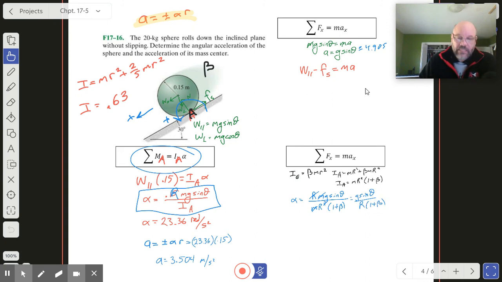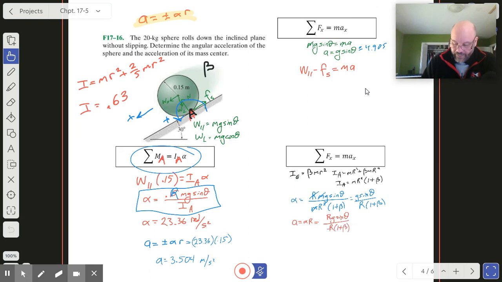Now, if we take that one step further, that's the angular acceleration, and we look for the translational acceleration, we just end up multiplying times an r. So a is alpha times another r. So we're going to have r g sine theta over r times 1 plus beta.